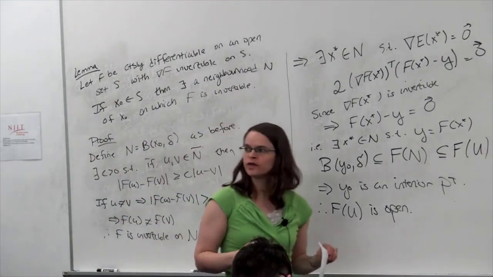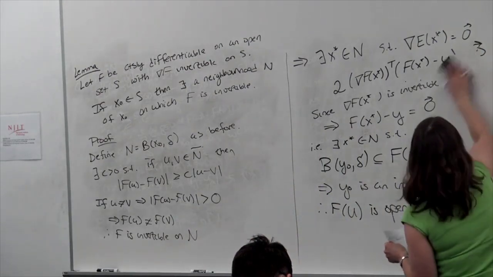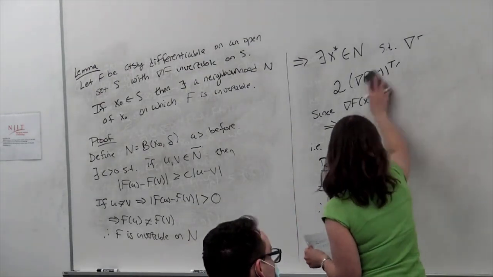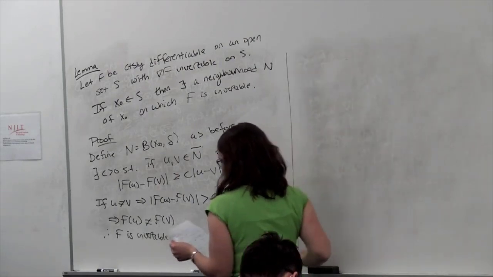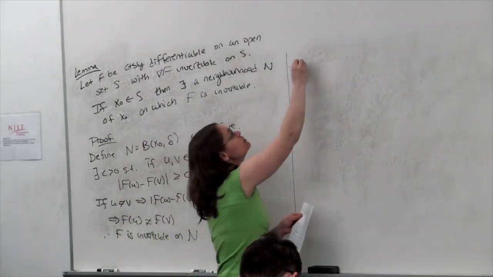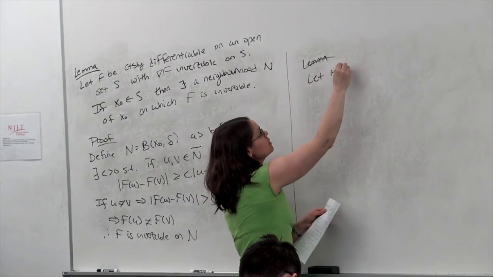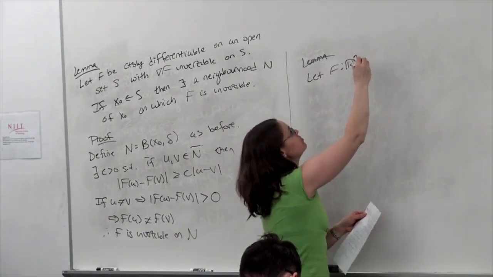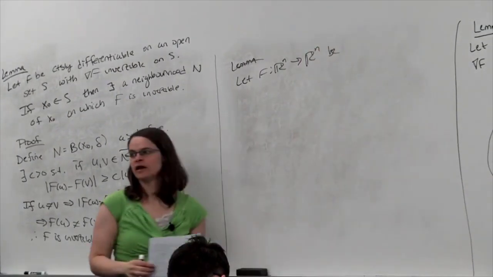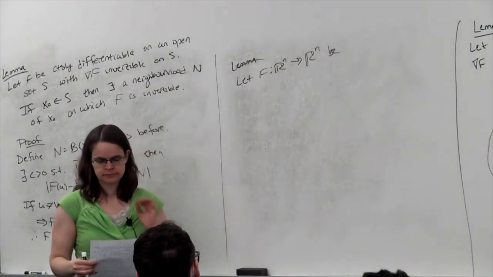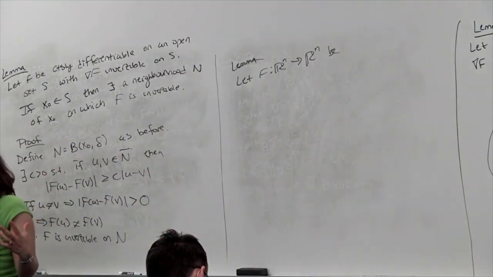All right, then the last piece is the Jacobians. So let F, okay, our usual assumptions. Let F be regular on an open set S. Now I'm going to assume the things that we've just proved.